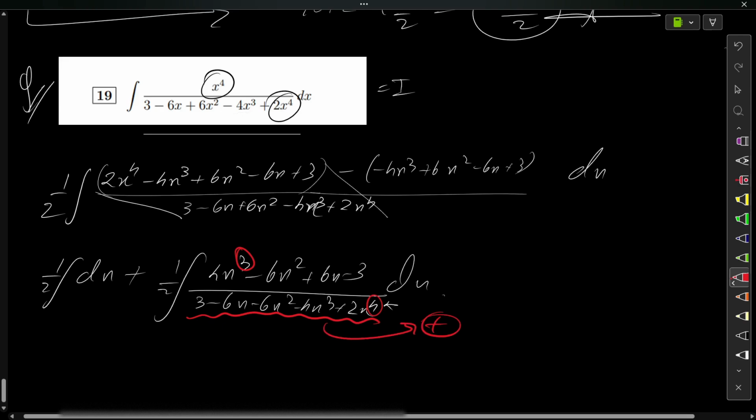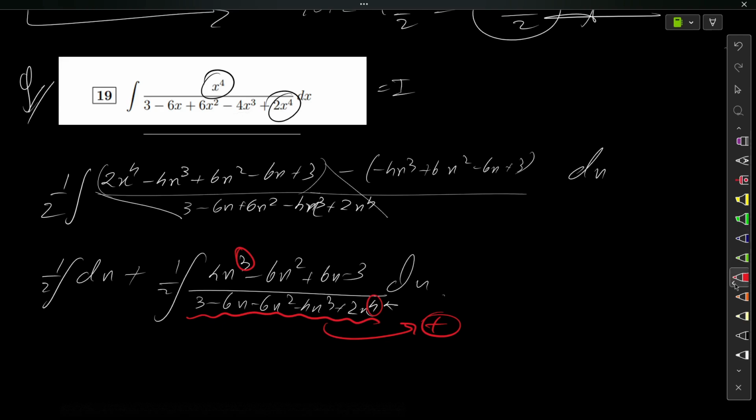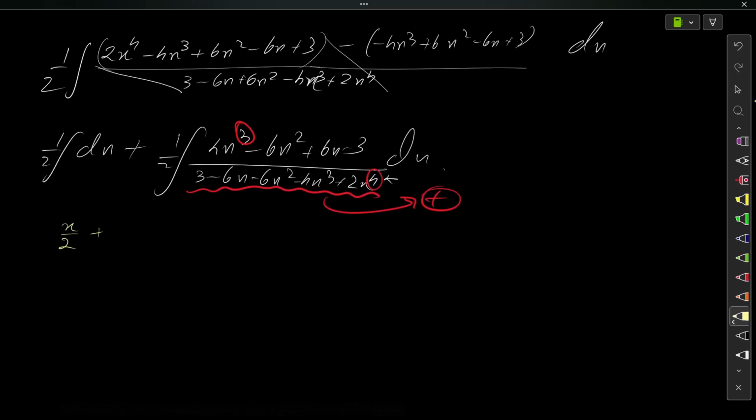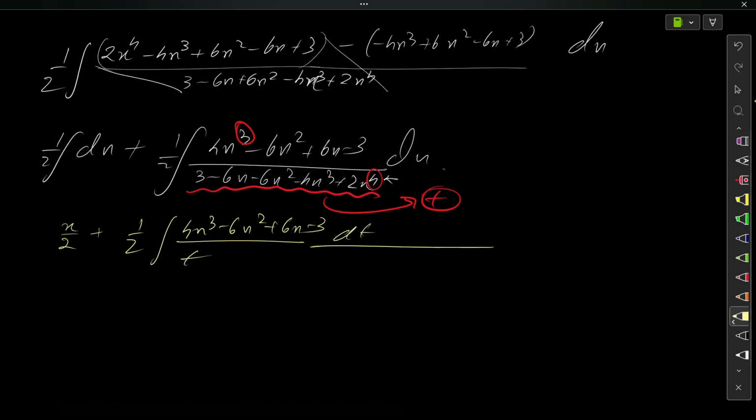Why? Because that will reduce the degree to 3, right? So I can write it down as x by 2 plus half integral of half, let me take this as t, so this would be 4x cubed minus 6x squared plus 6x minus 3 divided by t, with respect to dt over the derivative of t.